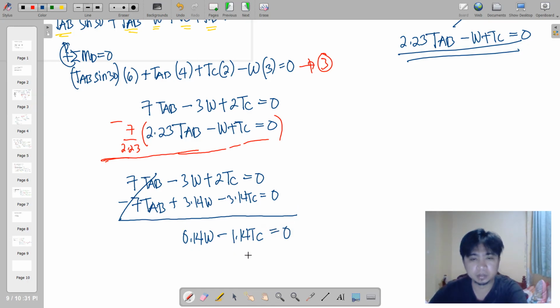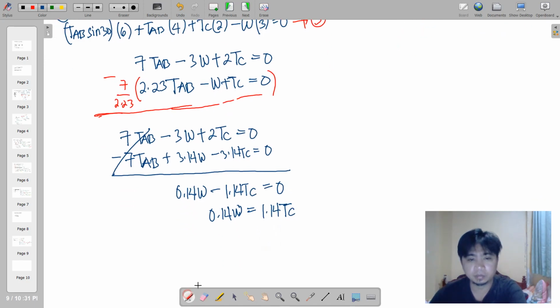So we can now transpose TC to the other side, maintaining that 0.14 W. So this now becomes positive 1.14 TC. And then finally, solving for TC in terms of W, hence we have TC is equal to 0.123 W.